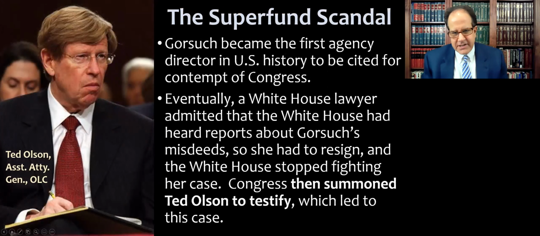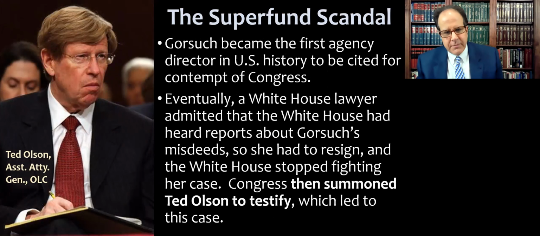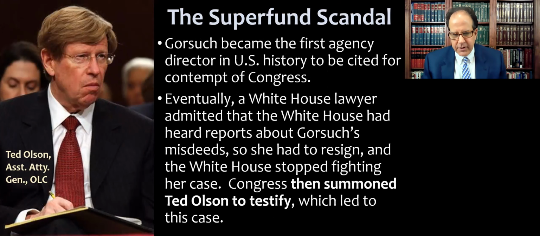So Gorsuch has the distinction of being the first agency director in US history to be cited for contempt of Congress because she wouldn't cooperate with their inquiry or investigation into this. Eventually, another lawyer in the White House basically fessed up or came forward and said that this was all true, that they knew what Gorsuch had done.